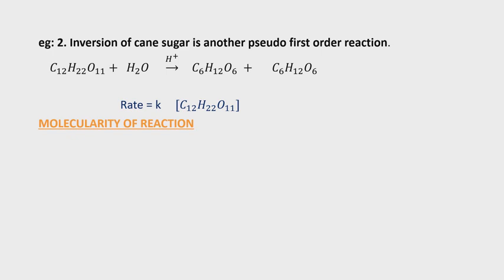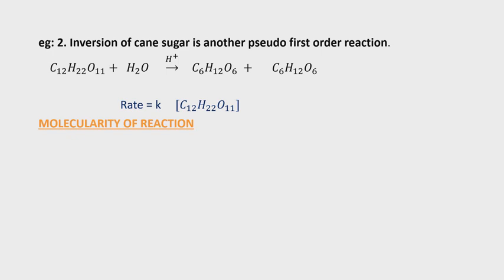So in case of a reaction, generally what happens? Two atoms or two species or two molecules or two ions, two or more, collide with each other. Those collisions lead to the formation of the products. Again, all collisions will not give the products. So that is called molecularity.